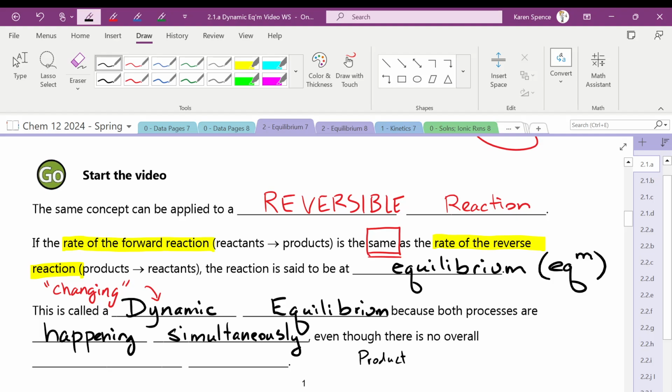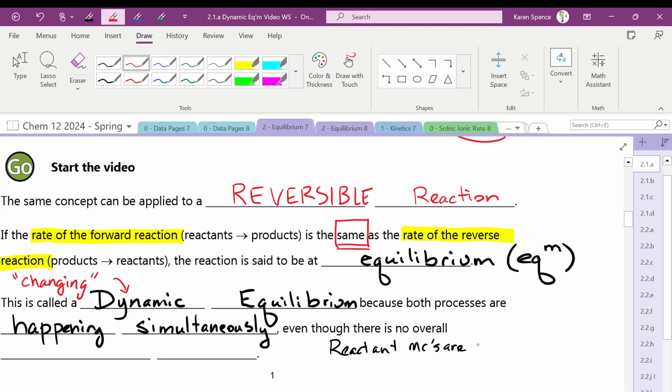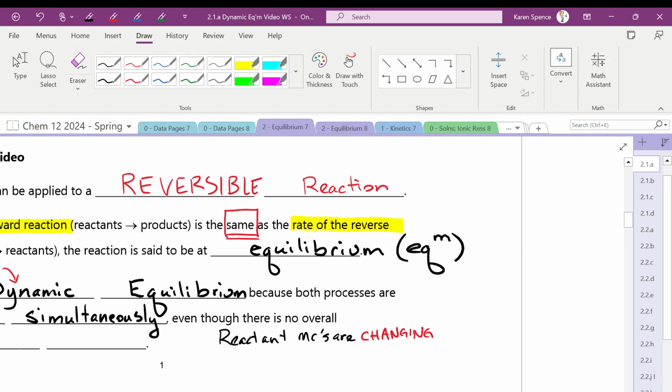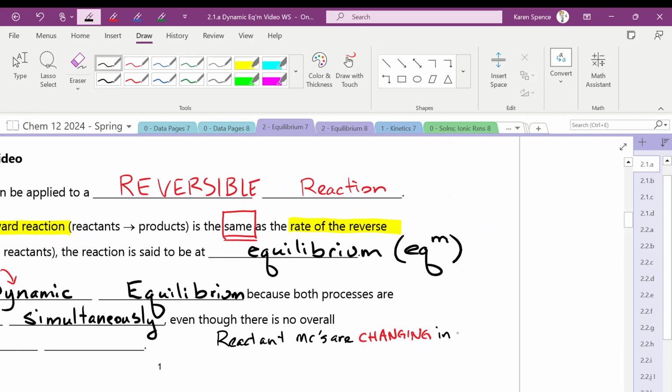Reactant molecules are changing into product molecules, and product molecules are changing into reactant molecules.